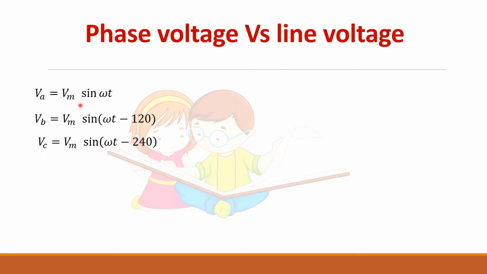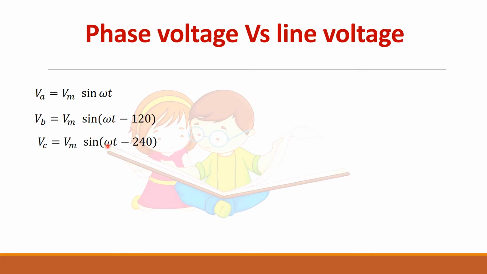VA is Vm sin omega t, VB is Vm sin(omega t minus 120 degree), meaning that VB is lagging VA by 120 degree, and VC is lagging VA by 240 degree.